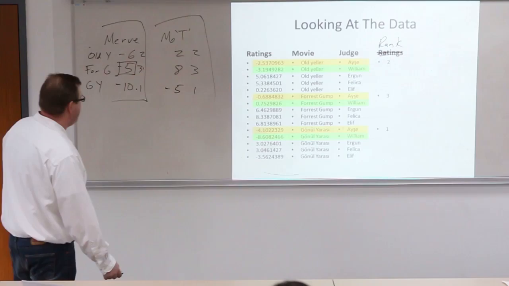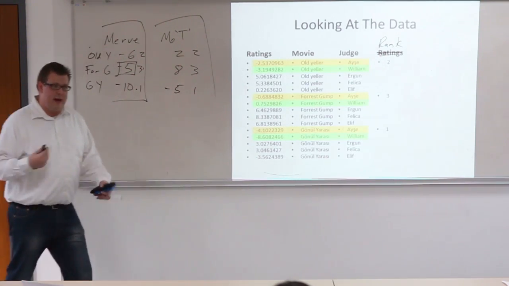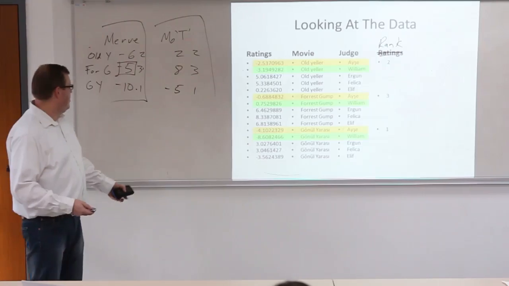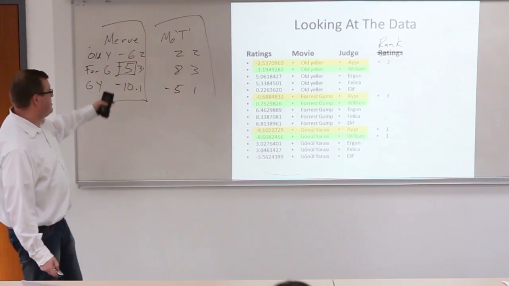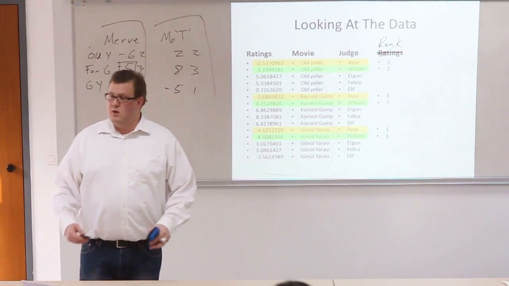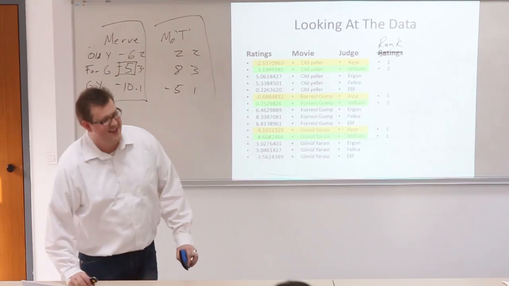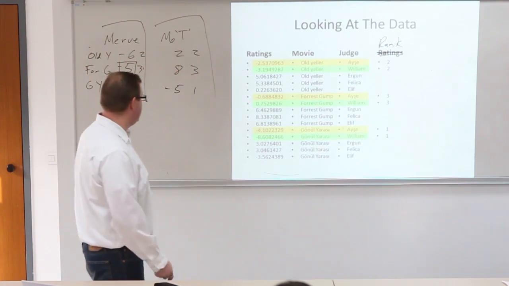Okay, how about William? Let's rank William's ratings. William also, the bottom one should be 1, the top one should be 2, the middle one should be 3. What happens when you make up data? Sometimes you make up data that is really perfect.